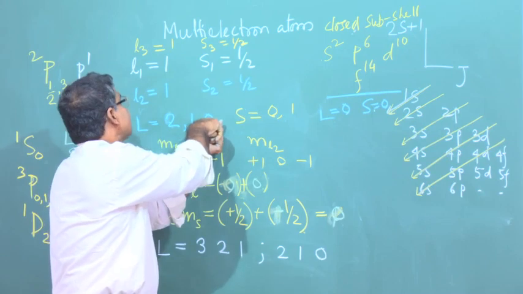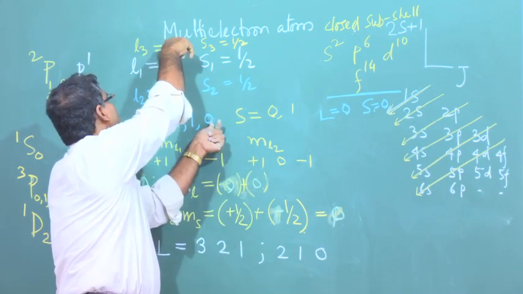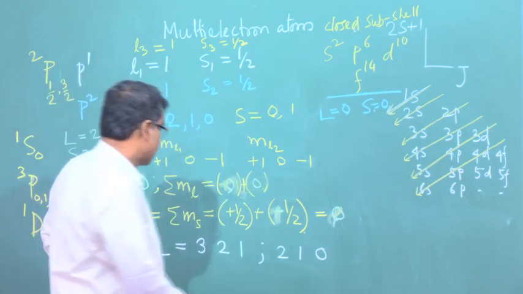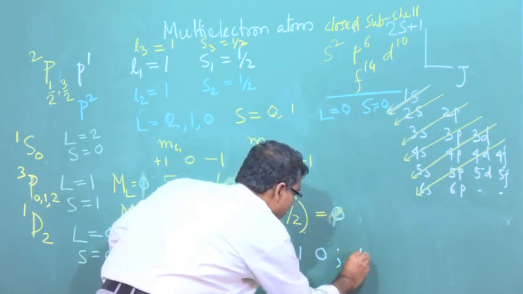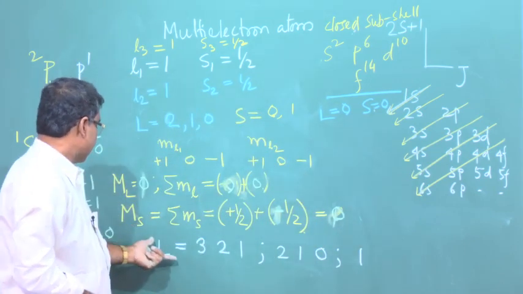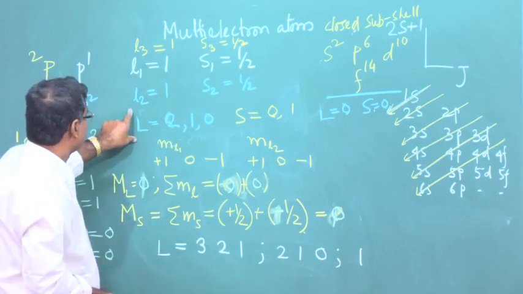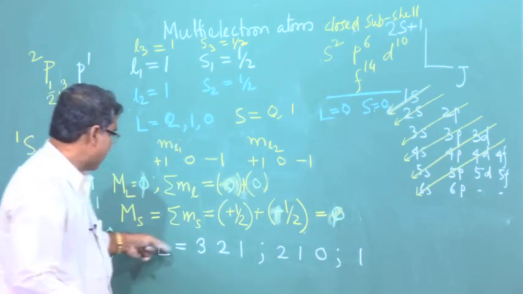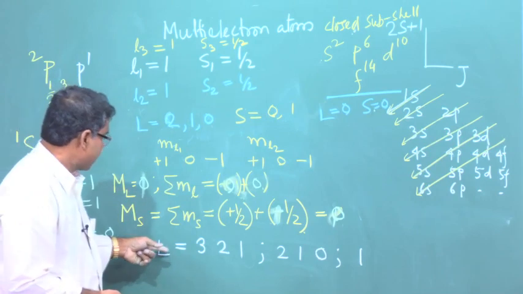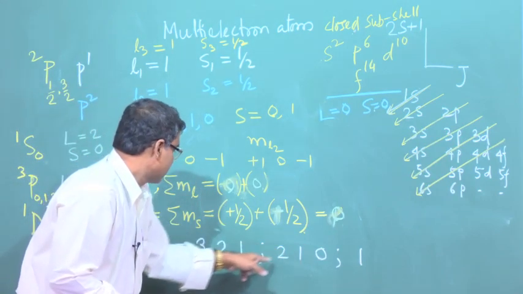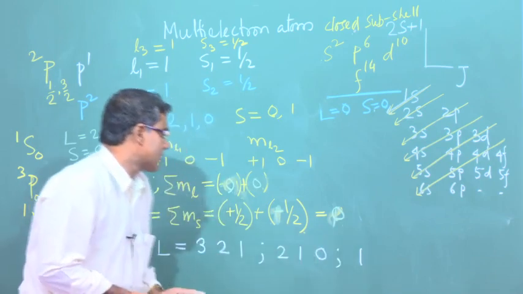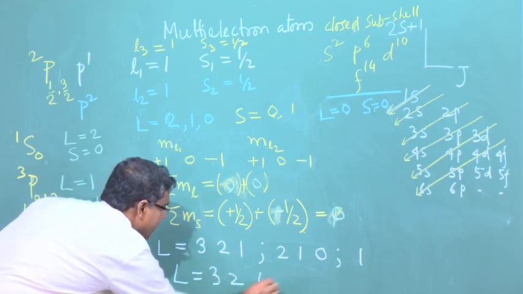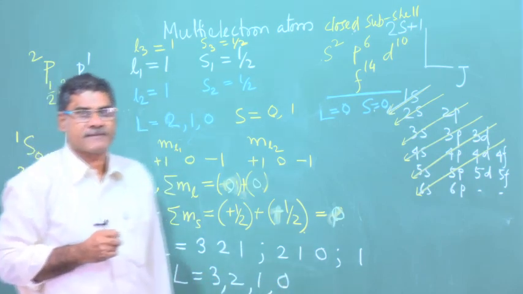Now L equal to 0, added with L3 equal to 1, I will get basically 1. So, for the third electron these L values are allowed: 3, 2, 1, then 2, 1, 0, then 1. Ultimately the L values we are getting are 3, 2, 1, 0, that is 4 L values, right.